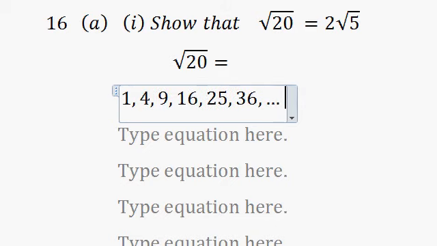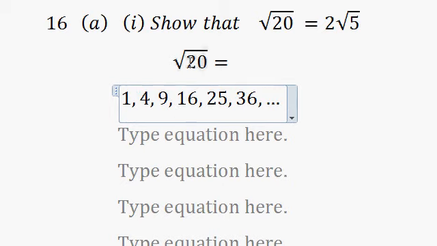You need to find a square number that divides evenly into the number in the square root symbol. So which one of these numbers will divide evenly into 20?